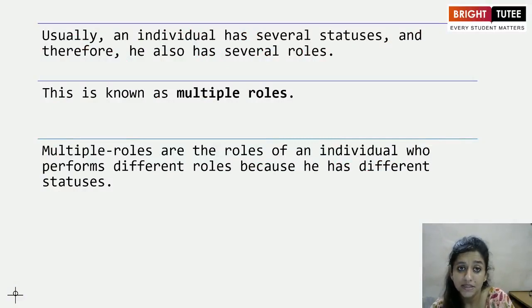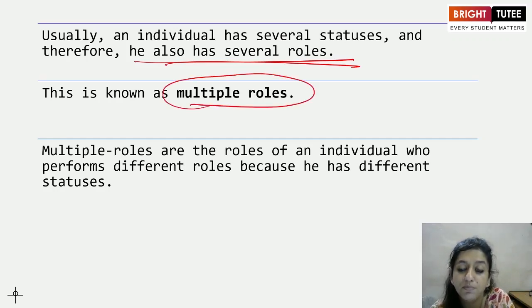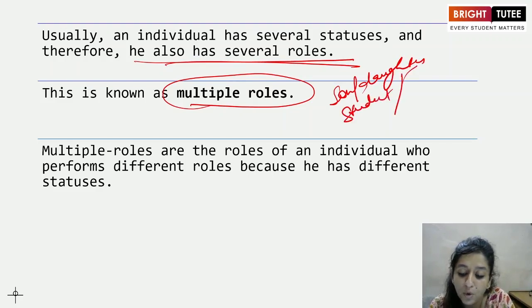Now, usually they say an individual has several statuses and therefore has several roles. We have discussed right now that, yes, the majority of us individuals do have several social statuses and hence several roles. This is what is known as multiple roles. Like discussed, as son or daughter, you are playing multiple roles as an individual.